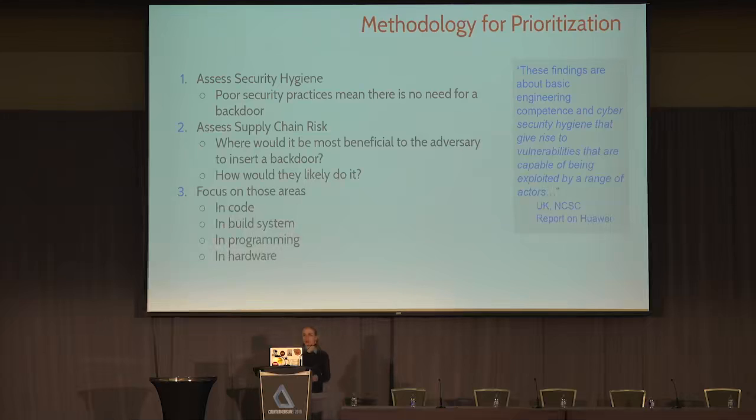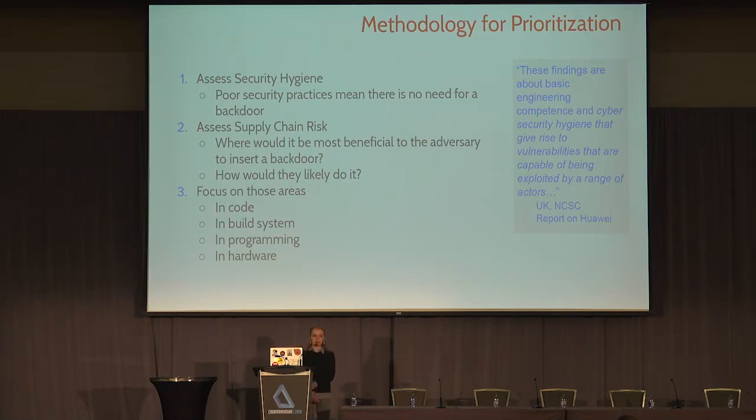And so at every point in that process, something could happen to alter the design in a way that's undetectable. And so also, obviously you have to focus on different areas of your manufacturing. So you have to look at the code, the build system, programming, hardware. There's a lot of different components of a good chip.